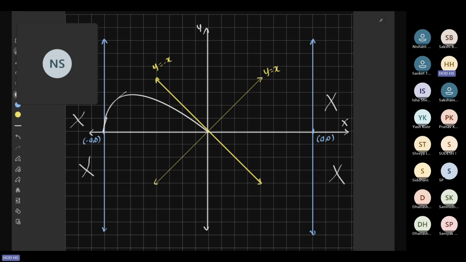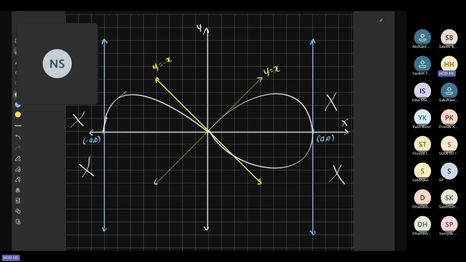Again, I will use the symmetry. Well, I have drawn in one quadrant, so I know it is symmetric about both axes. So the mirror image will be there everywhere. So this part and this part, I can draw because of the mirror image.